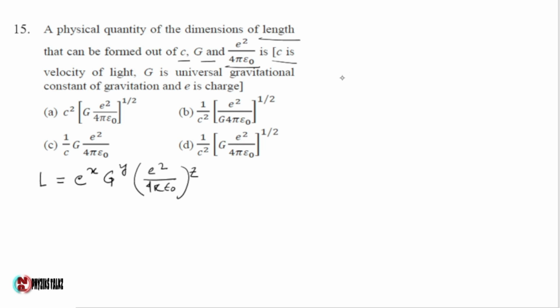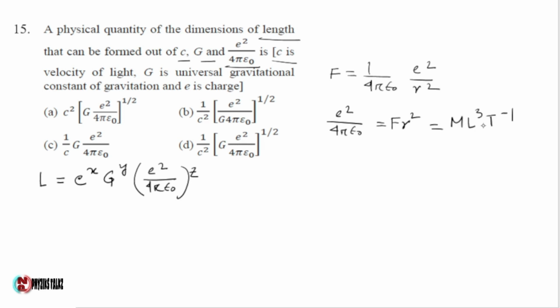Here, the force between two electrons at a distance r is given by 1 by 4 pi epsilon naught, e squared by r squared. Now e squared by 4 pi epsilon naught is given by F into r squared, which gives the dimension as M L cube T minus 2.